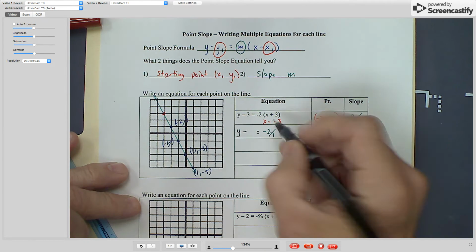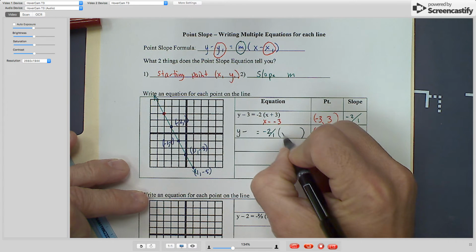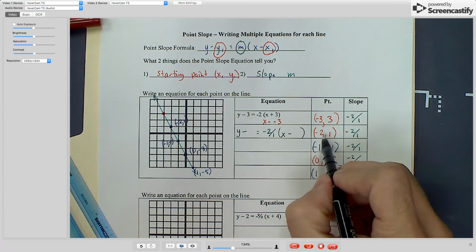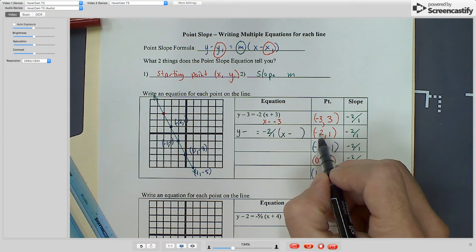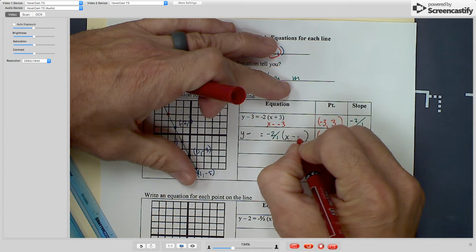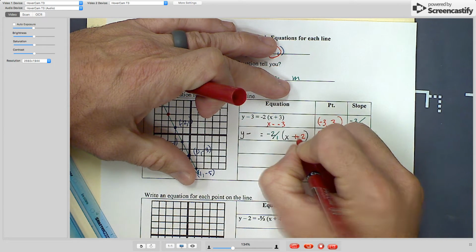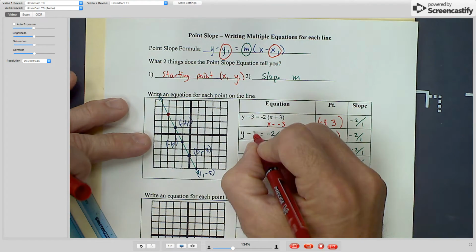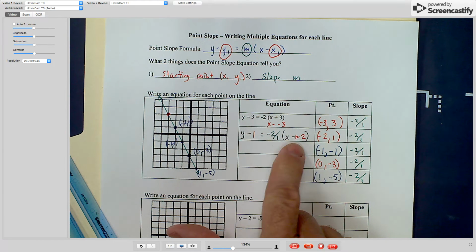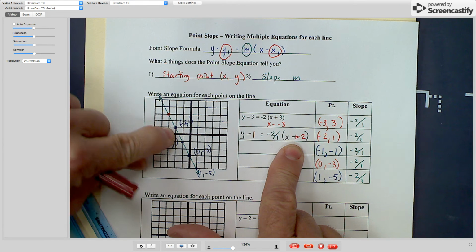And then I'm going to put parentheses, my x minus my x1. Now we have our values. My x is negative 2, so x minus a negative 2 becomes x plus 2, and then y minus 1. So we have just written a new equation for this point.